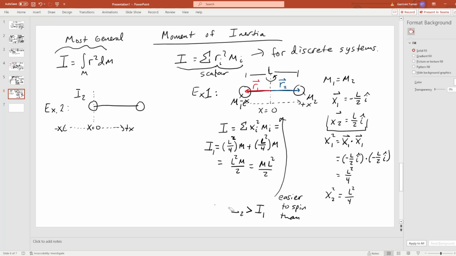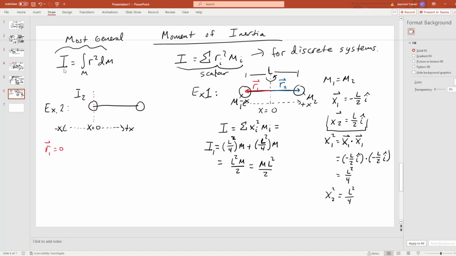And so now we want to do the calculation. And our vectors, well, I don't have a vector associated with I1 because R1 lies right at the origin. So R1 is equal to 0.